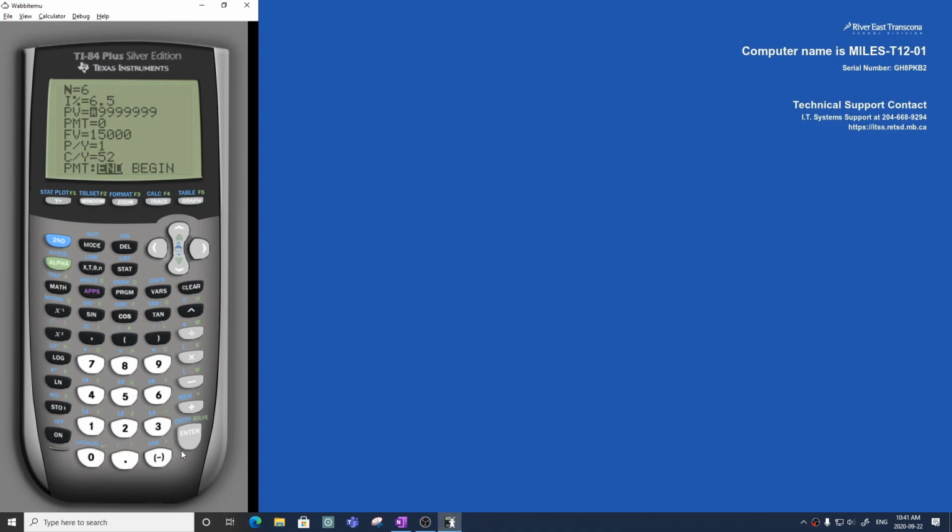So simply hit alpha, solve, and what I get is that I need to invest, pardon me, I made a small transcription error, it's right here, 6.25. So let's see if that changes the answer, I wonder. Look at that. I need to invest today $10,311.66.